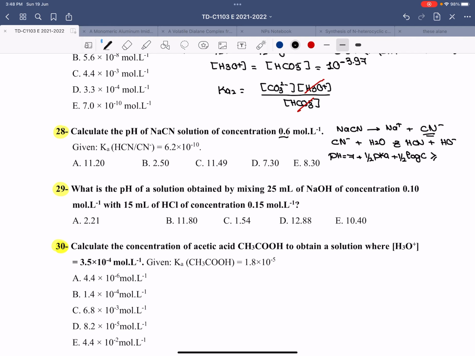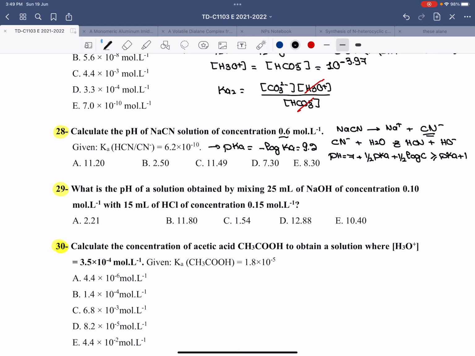If it's greater or equal, then pKa plus 1. So 7 plus half pKa. First find the pKa, which is basically negative log Ka, which is 6.2 times 10 to the power negative 10. NaCN is always around 9.2. Okay, so negative log Ka is equal to 9.2.